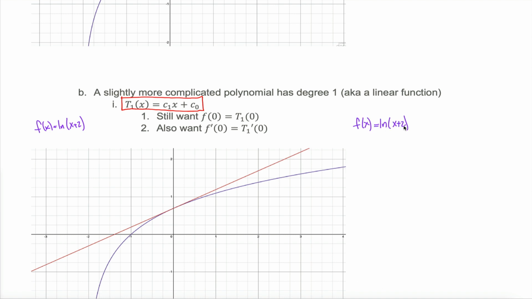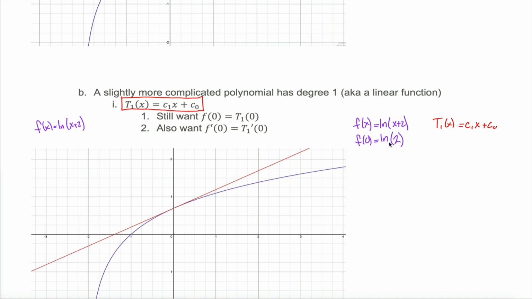So since f of x is the natural log of x plus 2, I have to think about f of 0, which as we saw above is the natural log of 0 plus 2, in other words, the natural log of 2. And I have to construct my polynomial t1 of x, which remember is equal to some constant, I don't know which one yet, times x plus some other constant, in such a way that the height of this polynomial will be the same as the height of this function when x equals 0.